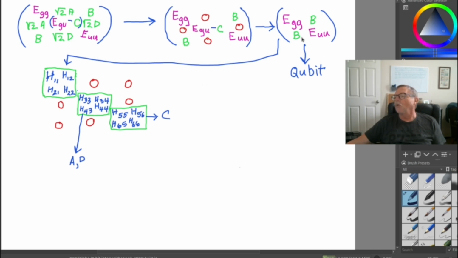This is all collapsed into a single qubit that has 2 states, EGG for 1, EUU for 0, superposition states that cover all the other conditions that can occur between those. So for ground state hydrogen molecule, that's all we need for a single qubit.